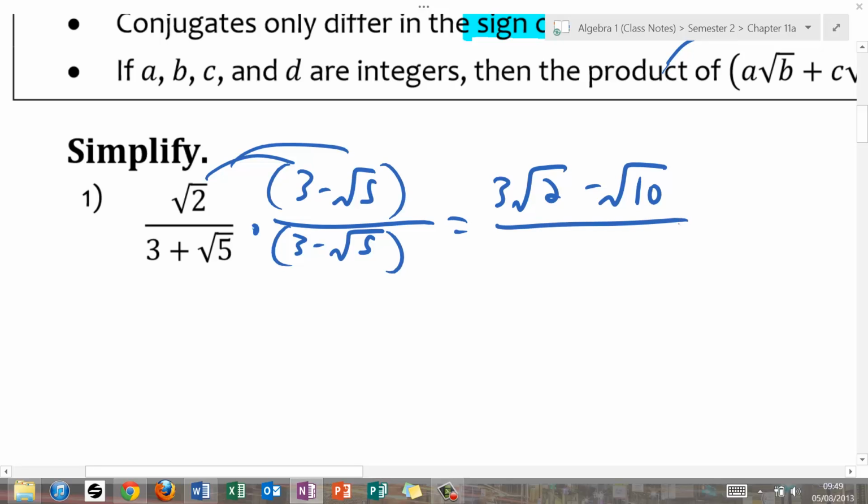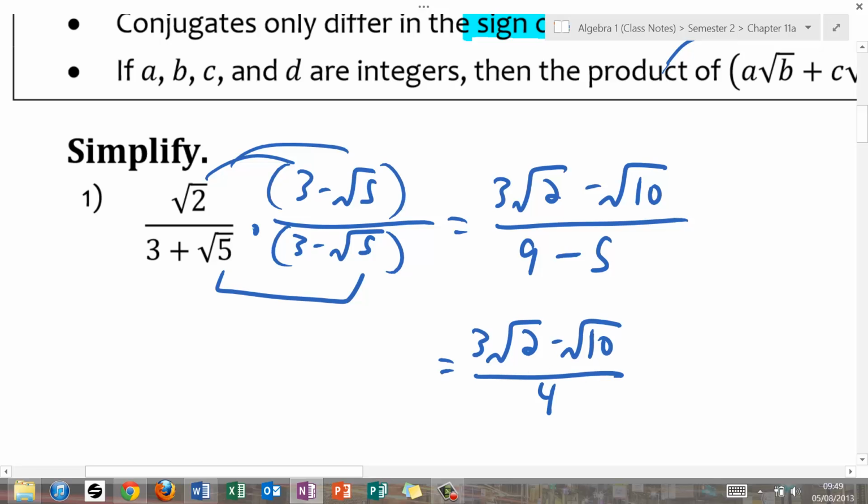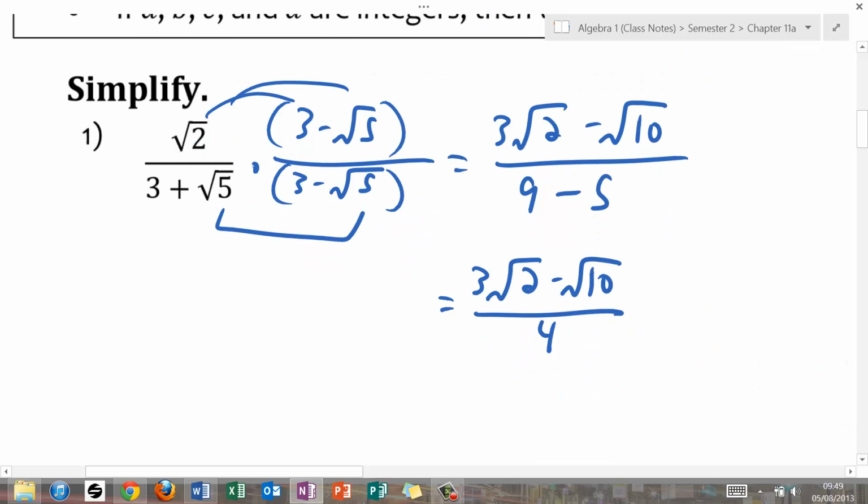The denominator, 3 times 3 is 9. This is a difference of two squares, so it's minus radical 5 times radical 5 is 5. And then simplify. 3 times the square root of 2 minus the square root of 10 all over 4. Since I can't factor the numerator, I can't cancel anything with the 4, and I'm done.